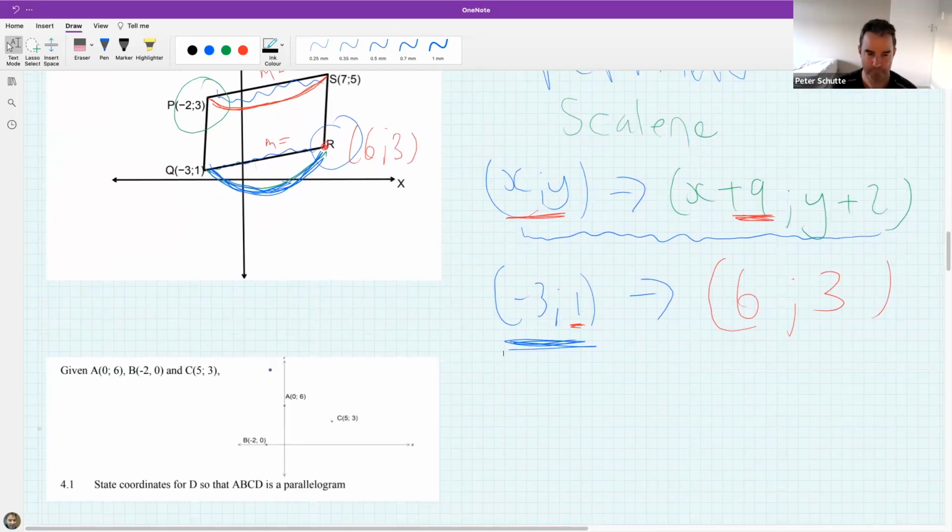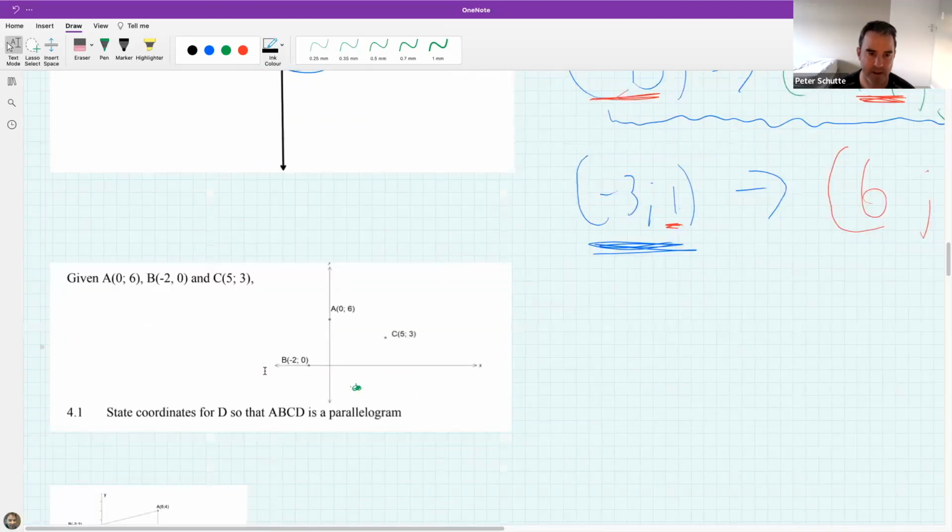One more trick, though. The order of the parallelogram has to stay in the order that's given. So here it says A, B, C, D. So A, B, C. The D has to be over here. The D can't be up here and it can't be up here because that would change the order. So let me just make that clear again. You need to make sure you put the point in the correct quadrant.